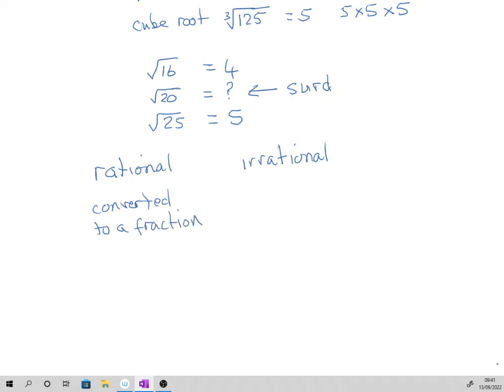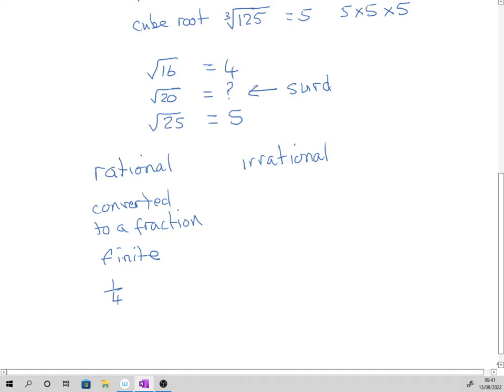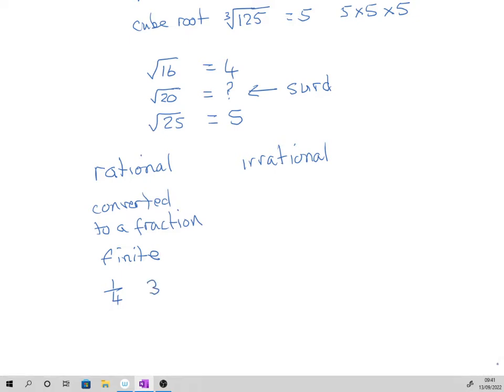In simple terms, rational numbers are finite. You can write down a rational number. For example, even a quarter is a rational number because it's a specific amount. 3 is a rational number, it's a specific amount. The square root of 16 is a rational number, it's a specific amount.